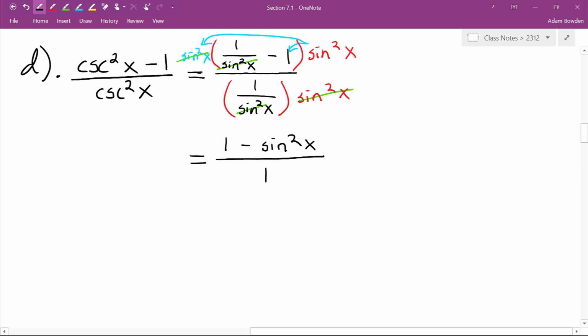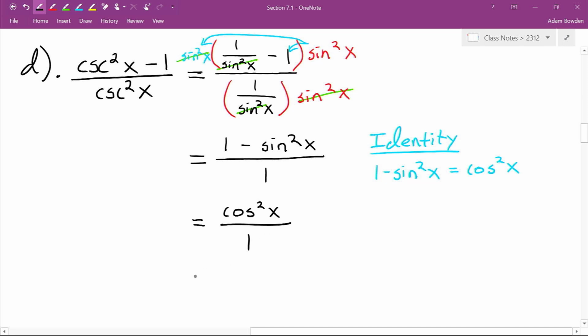And we know from our identities again that 1 minus sine squared x is equal to cosine squared x. So this whole thing would simplify down to just cosine squared x over 1, or cosine squared x.